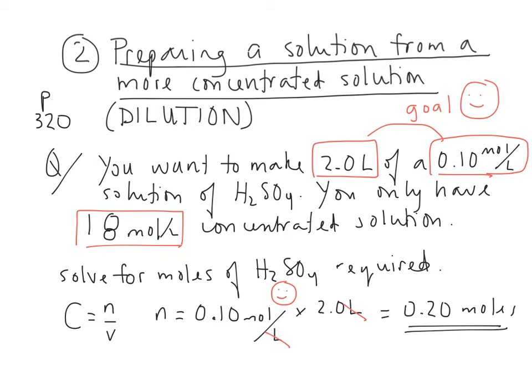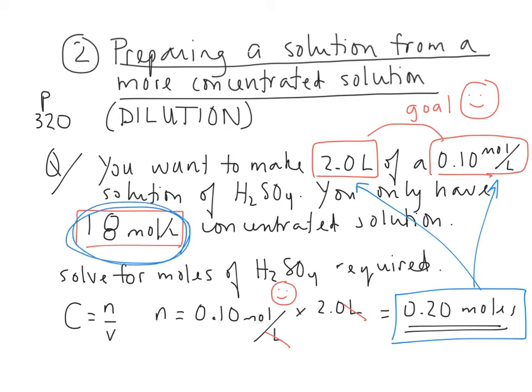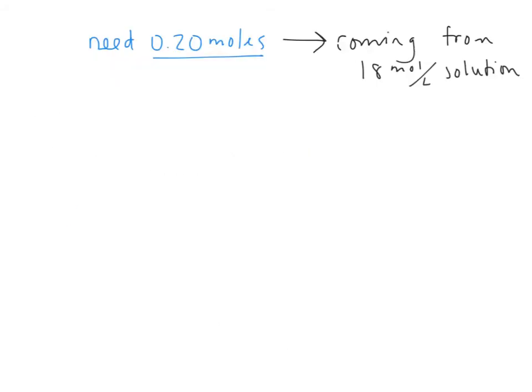Okay, so think about what that means. This is the molar amount that I need in my new solution. So again, what you need is 0.20 moles in your new solution. This molar amount is coming from your concentrated solution.